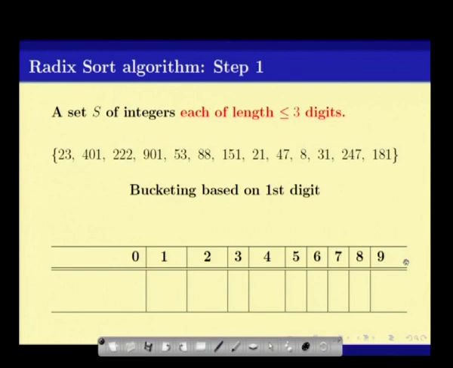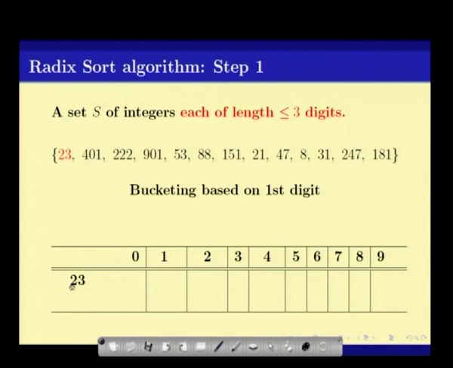We will make 10 buckets, which are 0, 1, 2, 3, 4, 5, 6, 7, 8, 9, and we will go over this set S. So, we go to the first element, which is 23, and say that okay, 23 has first digit 0. Note that the first digit is 0 because we are looking at 3 digits. So, this 23 is actually 023.